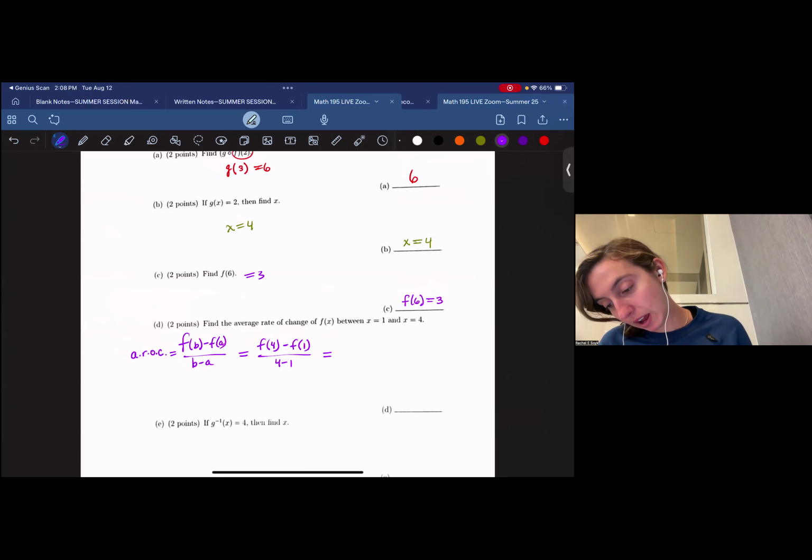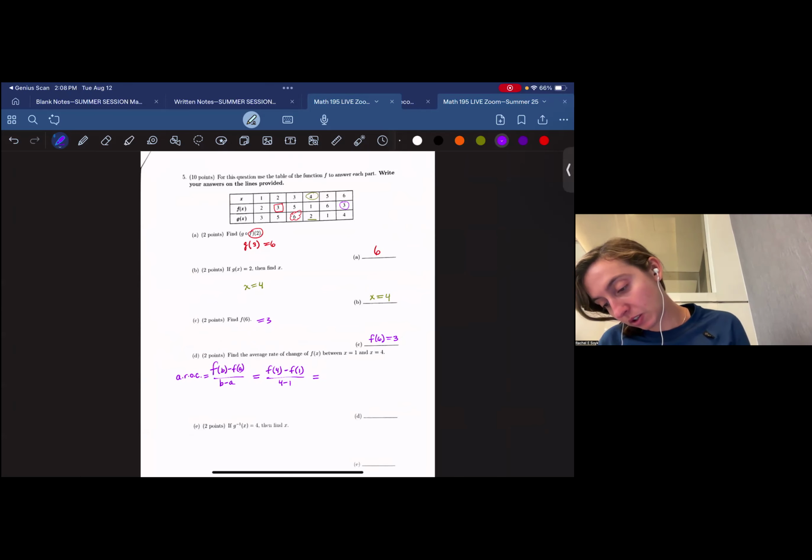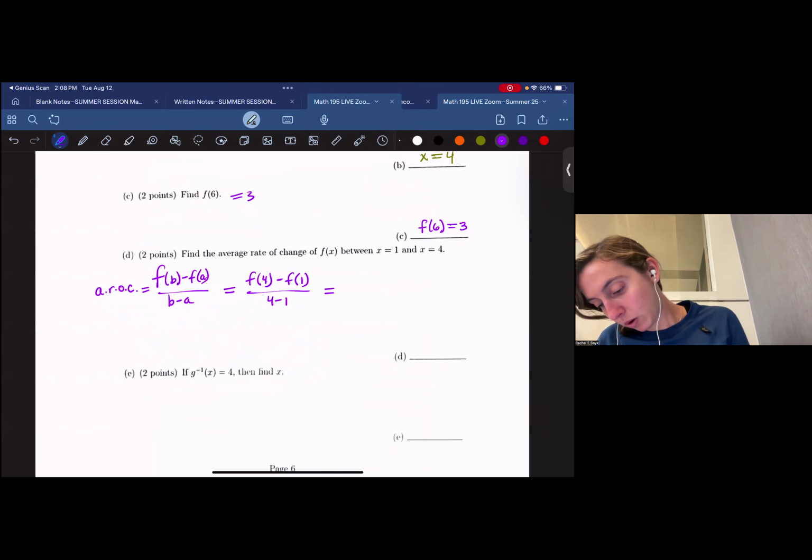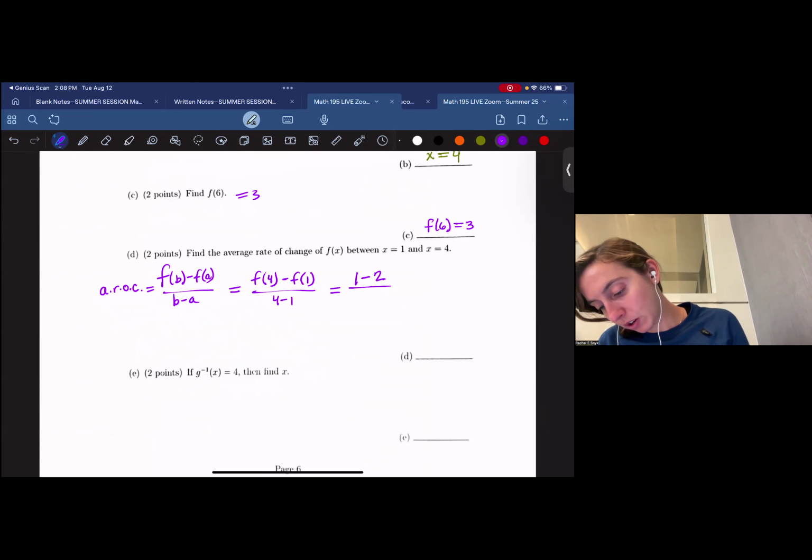F evaluated at 4 gives you 1. And f evaluated at 1 gives you 2. So we have 1 minus 2, all over 4 minus 1 is 3, which gives you negative 1/3.